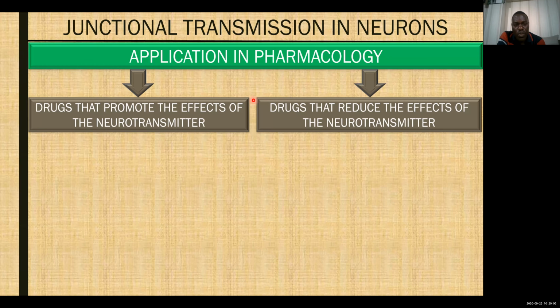So you can have drugs which will promote the effects of the neurotransmitter, or let me say mimic the effects of the neurotransmitter. You can use the term mimic instead of promote. But you can also have drugs that cancel the effects of the neurotransmitter.